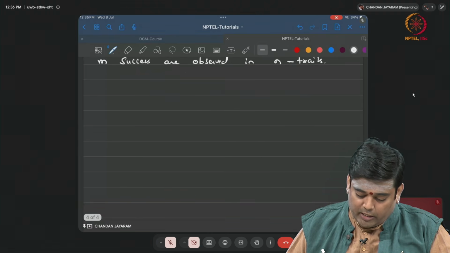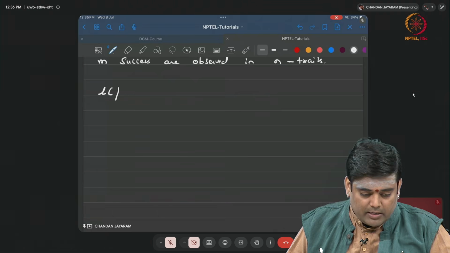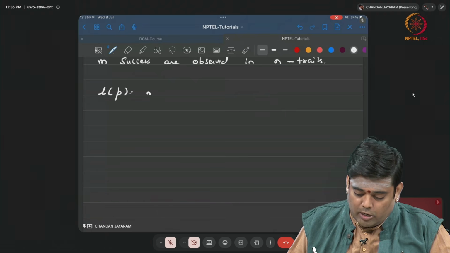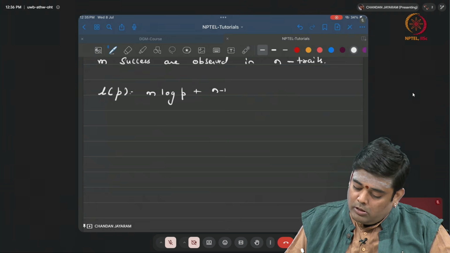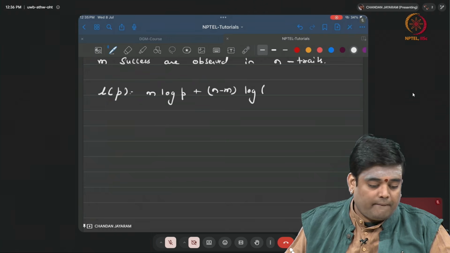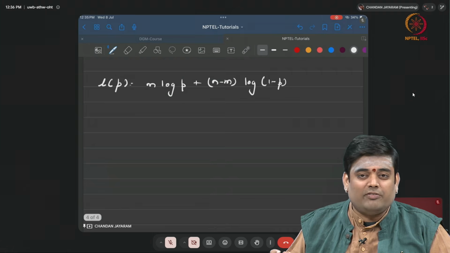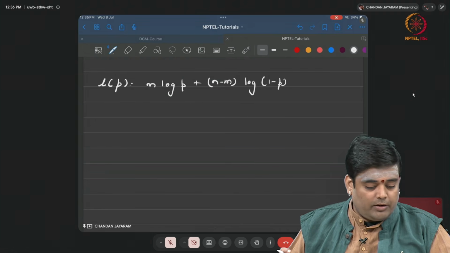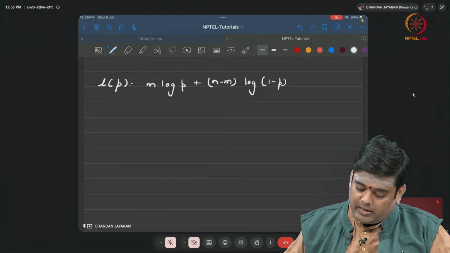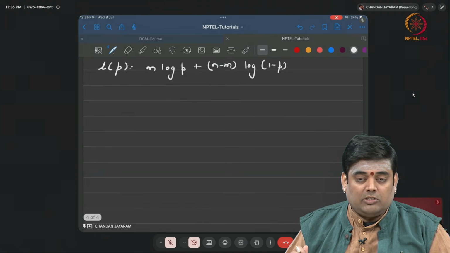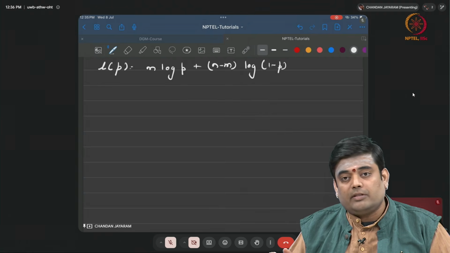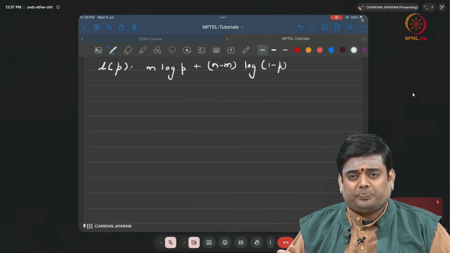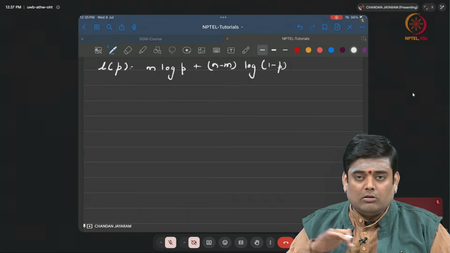Now let us take the log likelihood. L of P is m log P plus n minus m log of 1 minus P. Now how do we go ahead with that? We differentiate with respect to P and then equate it to 0, the standard idea. We want to get the maximum likelihood, so you get the log likelihood, and then differentiate it with respect to whatever the parameter that we are looking for, and then equate it to 0 and then simplify it.